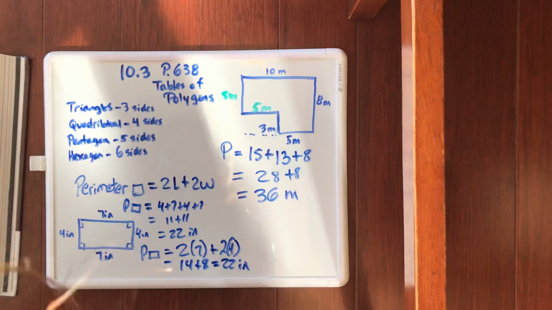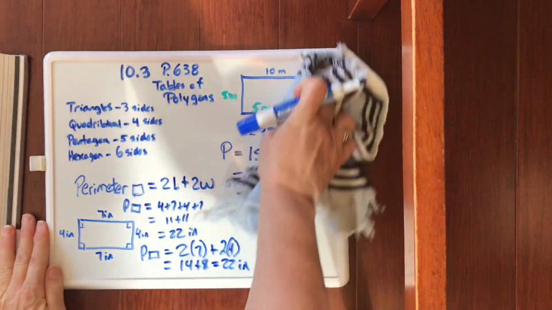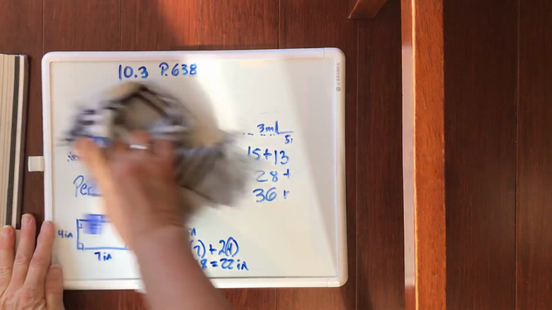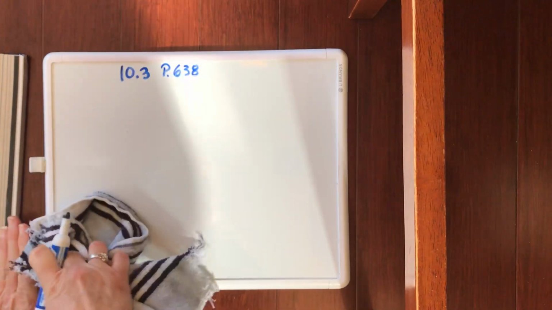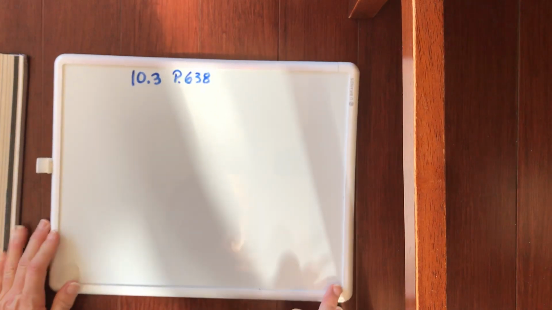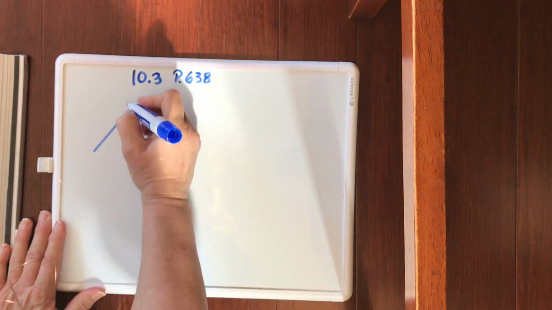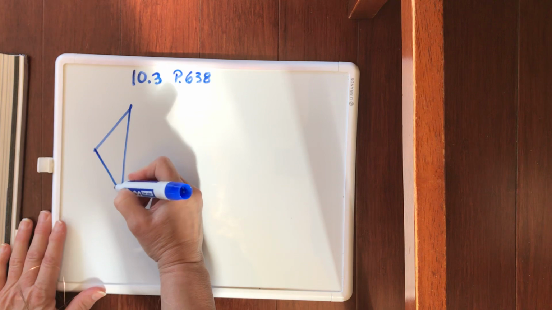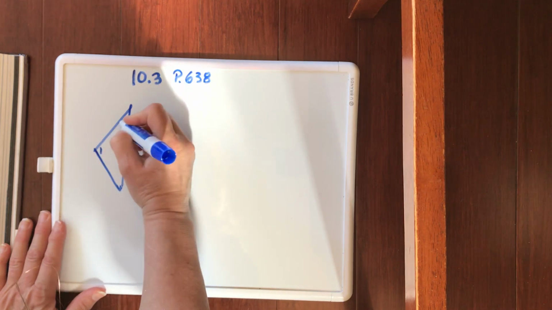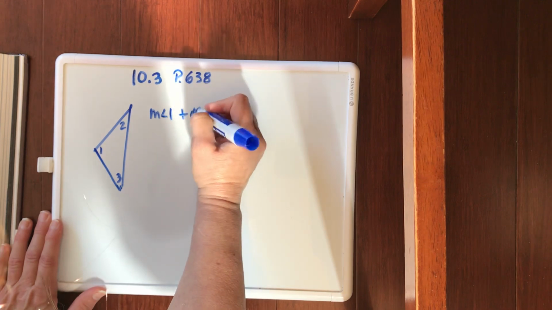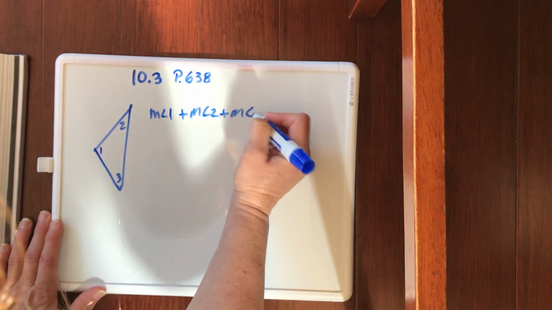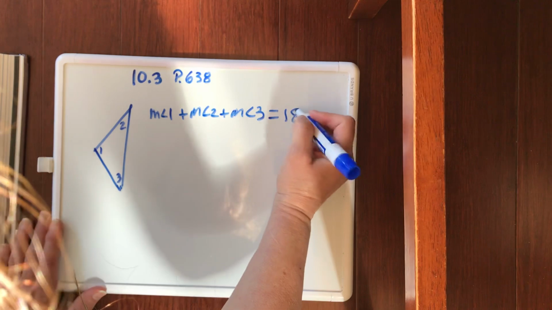Okay, so let me show you what we know about angles for 10.3. We already know the measure of the 3 angles of a triangle is 180 degrees. So we take any triangle. Here's any triangle. And if this is angle 1, angle 2, and angle 3, we know the measure of angle 1 plus the measure of angle 2 plus the measure of angle 3 equals 180 degrees.